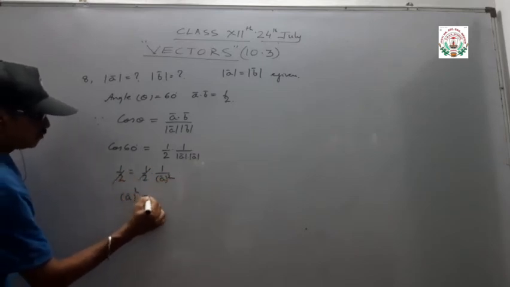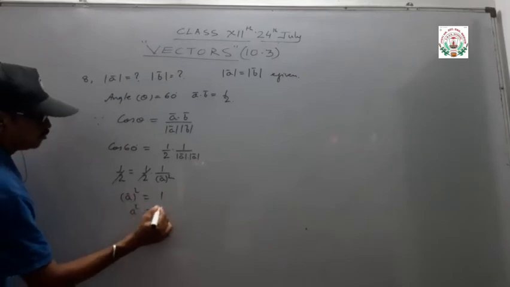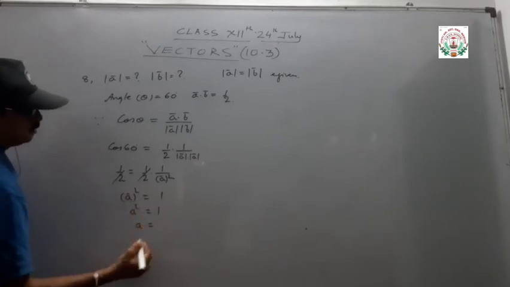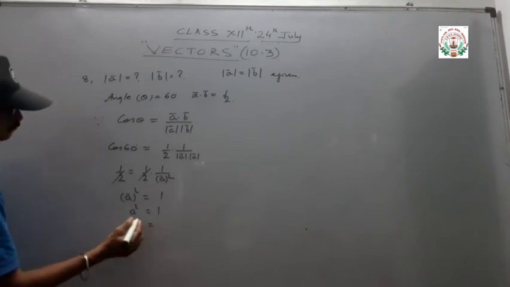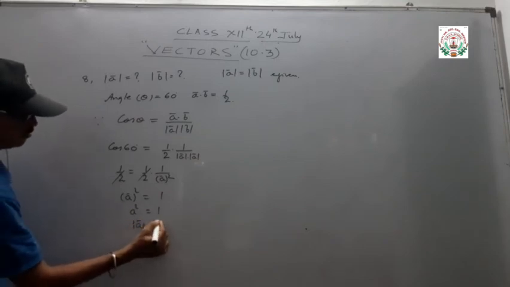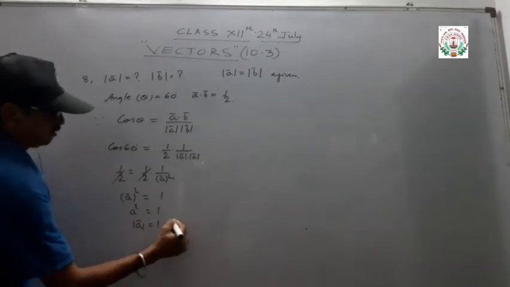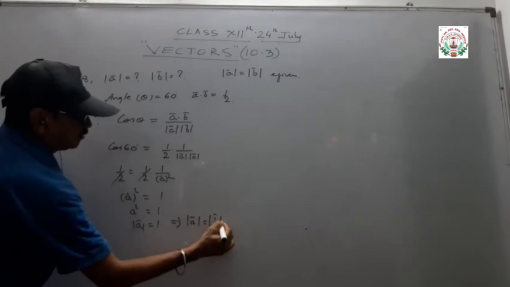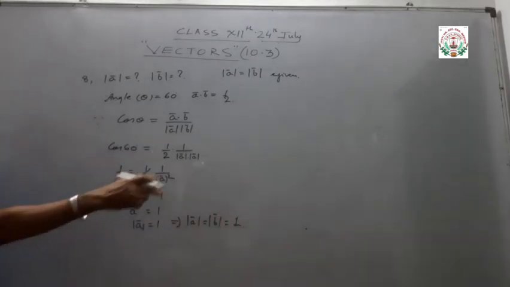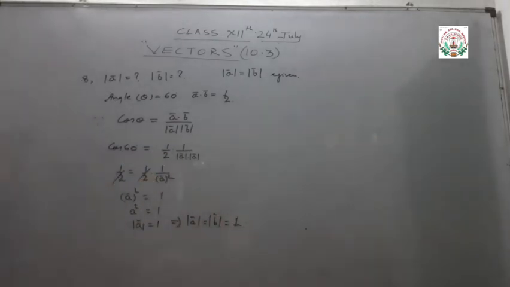Vector A square equals 1. So the magnitude of vector A is equal to 1, which implies that since both magnitudes are equal, the magnitude of vector A and vector B are both equal to 1.